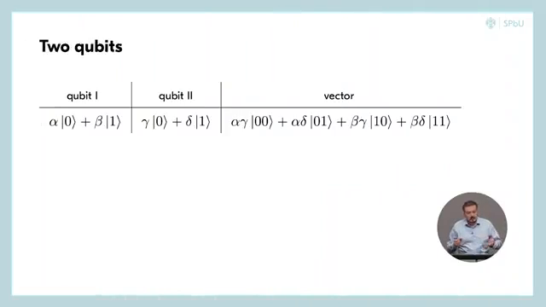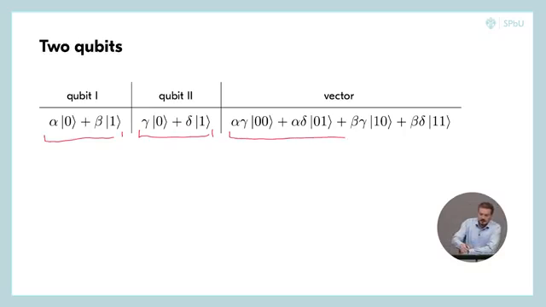Now let's consider a more complicated situation when both qubits are in some superposition. And we still can describe this state in our newly constructed space like this. And it's easy to show that the sum of squares of all the coefficients here gives us 1, so it is again a unit vector.